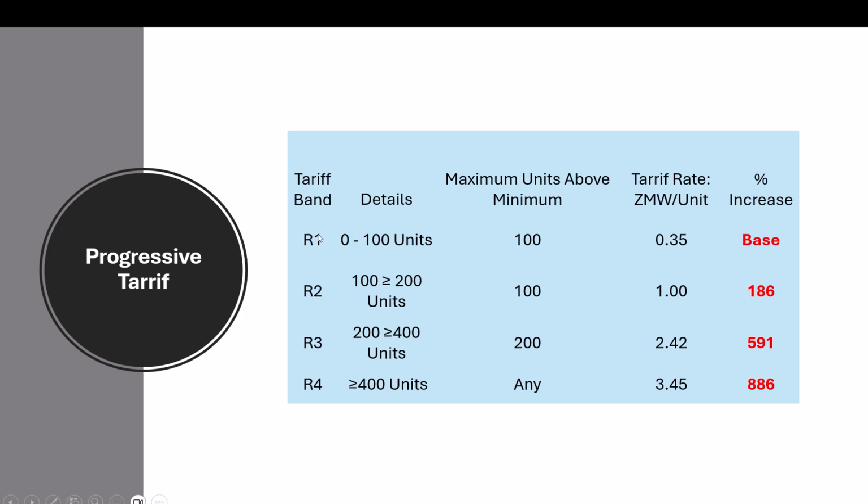If we move from band 1 to band 3, that is 591% of increase in how much you pay per unit. If we move from band 1 to band 4, it's actually 886% in terms of the increase.